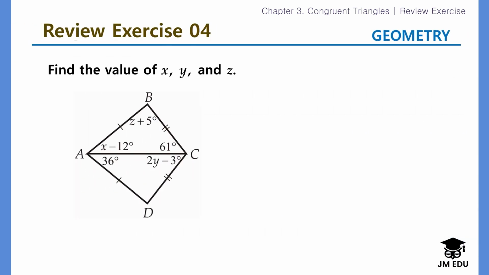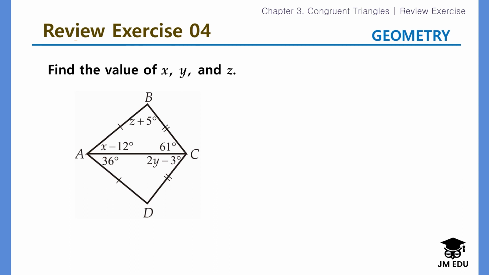Number 4, the question is to find the value of x, y, and z. We have two triangles, triangle ABC and triangle ADC, right? And the side AB is congruent to side AD, side BC is congruent to side DC, and both of these two triangles share the side AC, right?